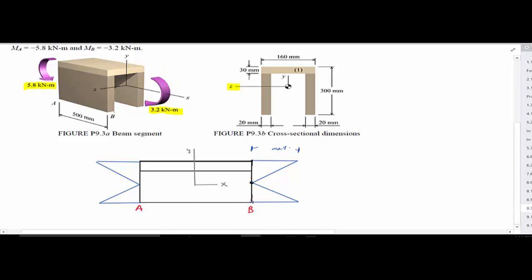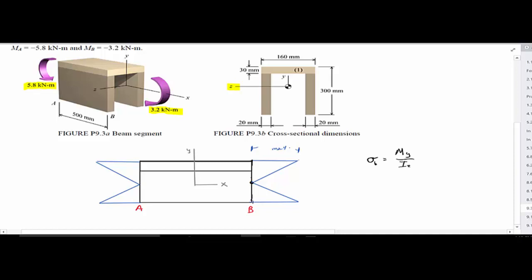We're going to find the maximum moment, and you can do this by drawing your moment diagram if you want, but I'll just jump to what we know. Our bending stress is going to be the moment multiplied by y, divided by I sub z.